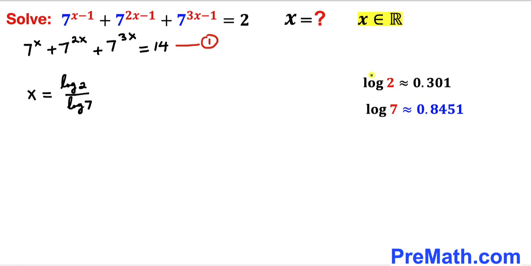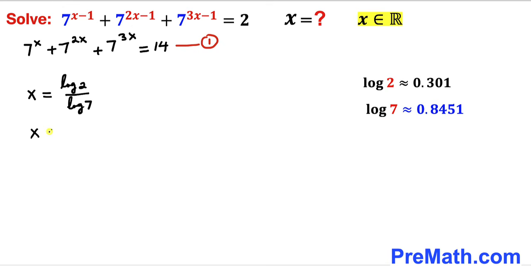And now we can see log of 2 is approximately equal to 0.301 and log of 7 is approximately equal to 0.8451. And we are going to substitute those values over here on the right hand side.